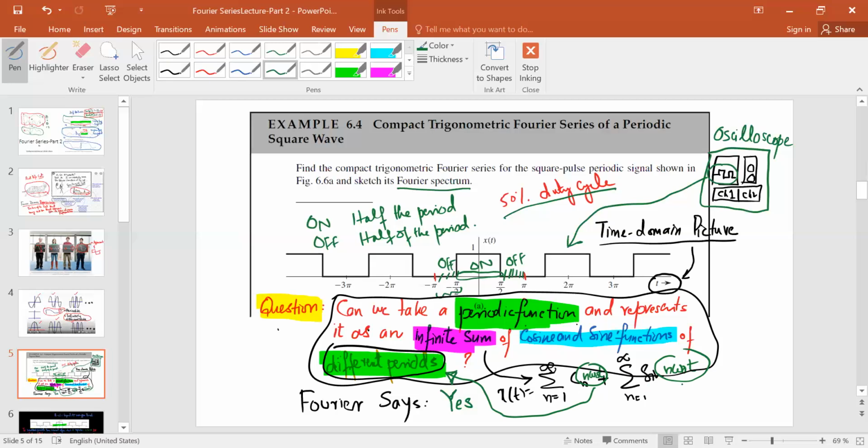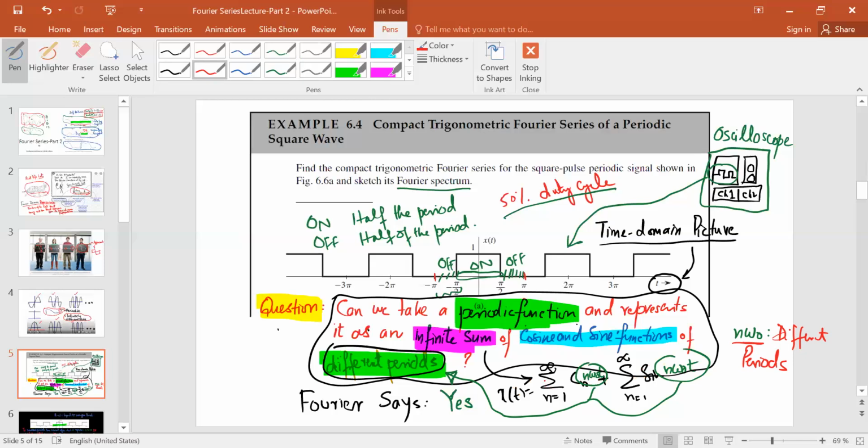When I'm saying different periods, it means that I'm going to give different values to n. So this n omega naught represents different periods. So I have to put them in this. So infinite sum of sine and cosine with different periods. So that's how I complete my Fourier series representation.